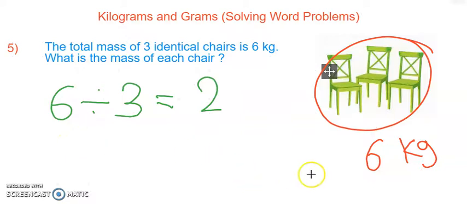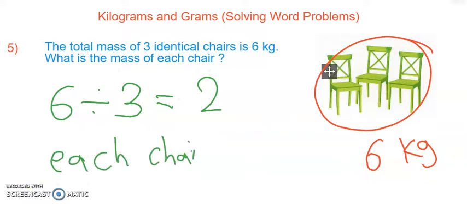We said that because we have the total mass of all chairs and we need to know the mass of every single chair here. So we did 6 divided by 3 is 2. So each chair is 2 kilograms.